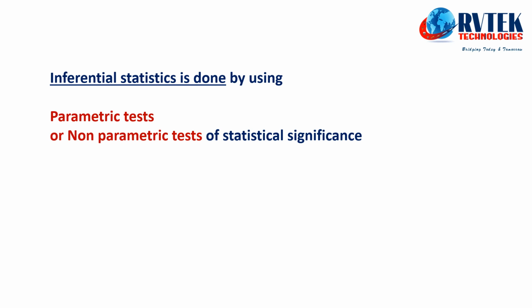Inferential statistics is done by using two types of statistical tests. One type is known as parametric test and the other is non-parametric test of statistical significance. Look for the significance value or p-value of the finding.